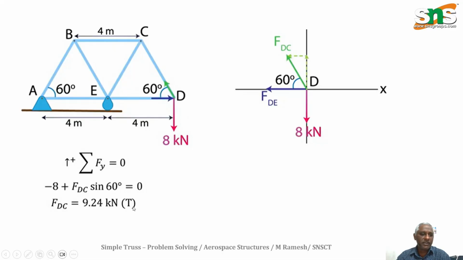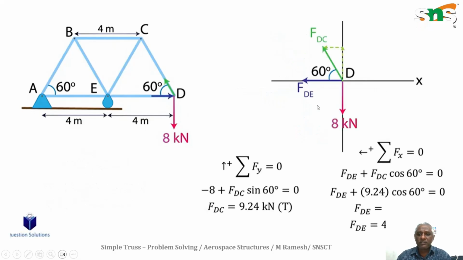Then how can we find the other force, FDE? For that we use another static equilibrium equation, the sum of all horizontal forces equal to 0. Here I am taking towards left as positive. FDC is an inclined member, so it contributes FDC cos 60 as the horizontal component.